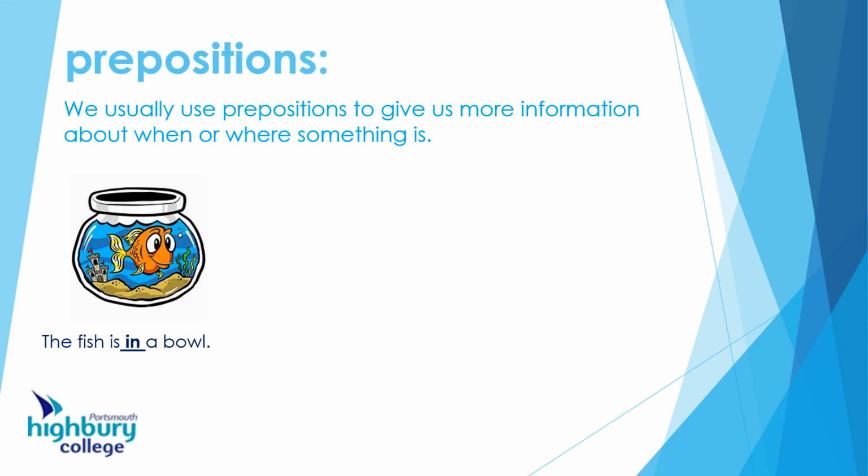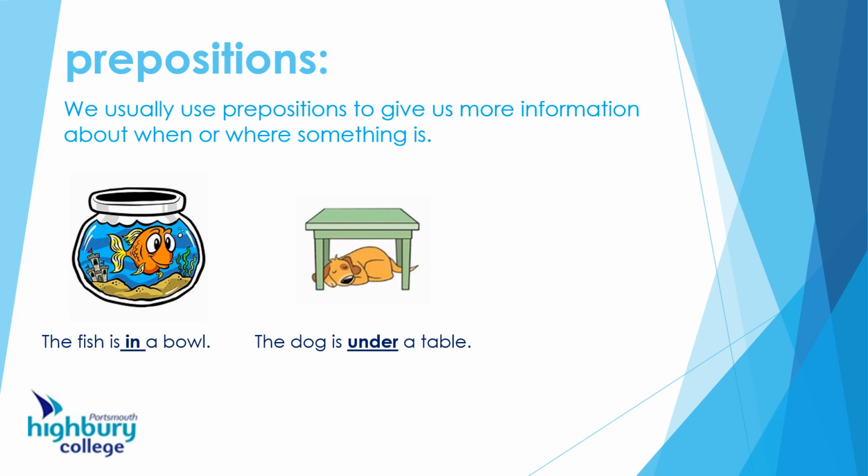Right, prepositions. Prepositions in English are important because they give us information usually about when or where something is. So there's our fish again. Now, if you want to tell me where the fish is, then we need a preposition.